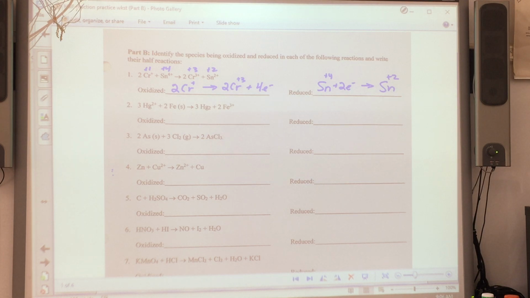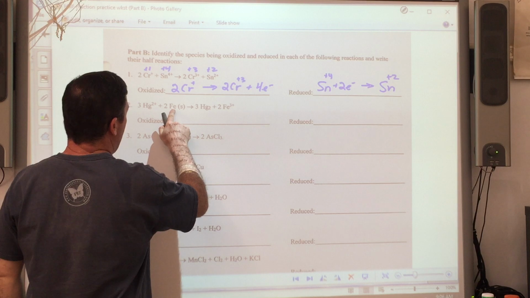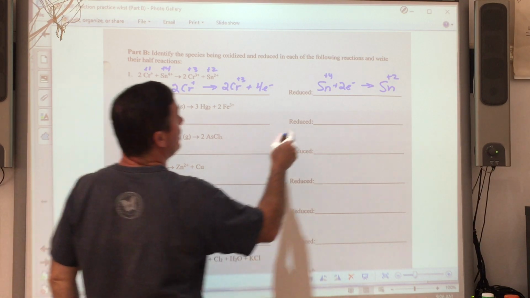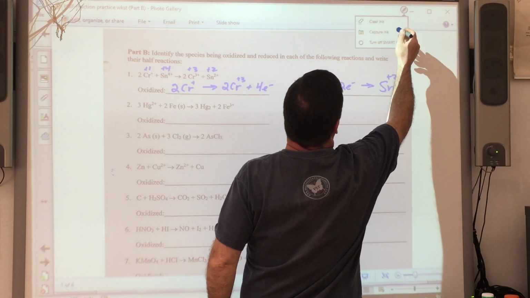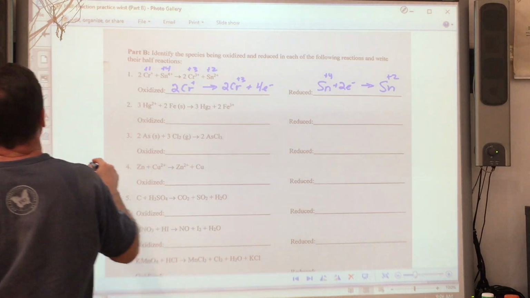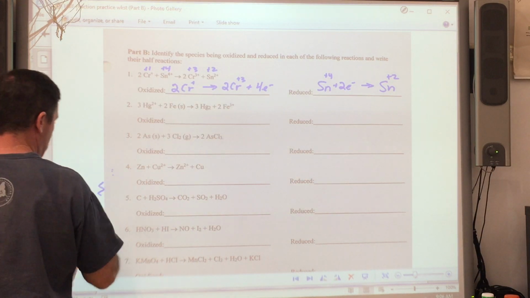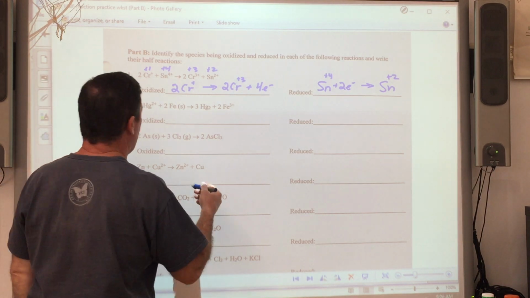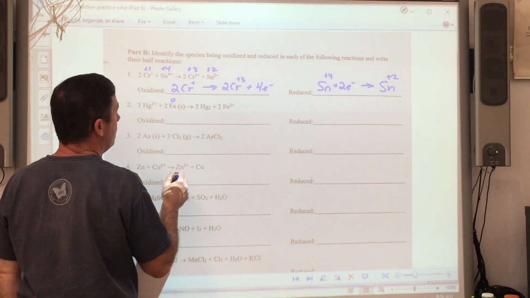Let's try another one. Let's try number 2. Any atom by itself or as a diatomic is going to have a 0. Let's see if I can change this. I'm not sure if I'm going to be able to. My guess says no. Okay, so we'll have to stick with it. Sorry. So this is a 0.